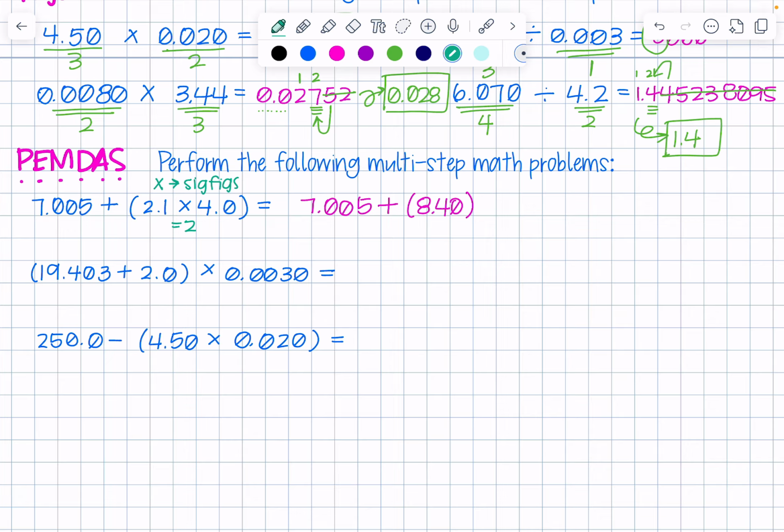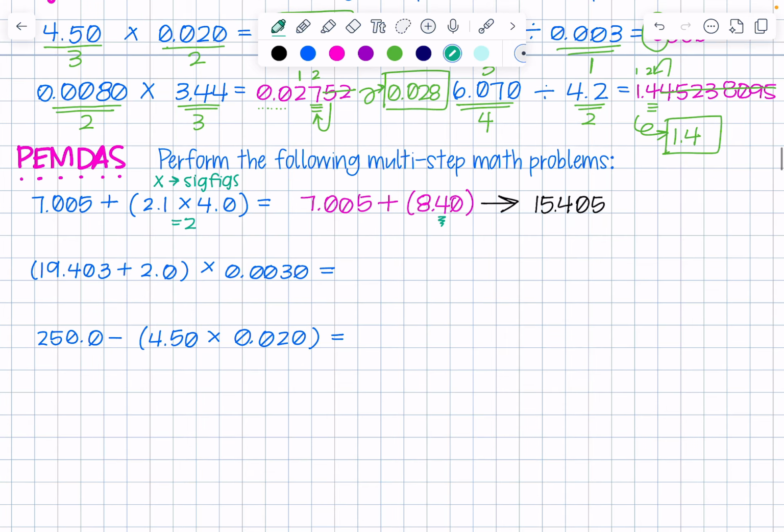So I'm going to go ahead and acknowledge that spot in my answer as I write it down. But then now I'm doing addition. So 7.005 plus 8.40 gives me 15.405. This is addition and subtraction.